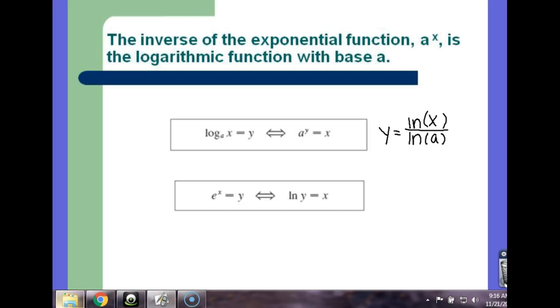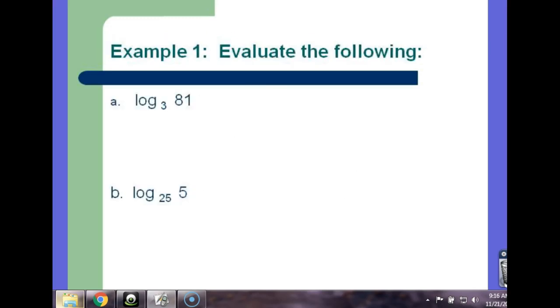So the other two rules have to deal with log and natural log, and then evaluating them at particular points. So log base 3 of 81 is equal to essentially a y. And then if we apply our rule, the rule is a to the y equals x. So a is our base.